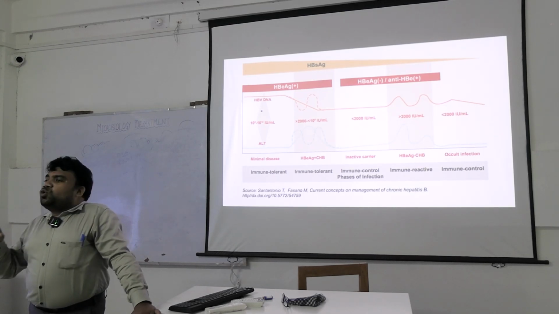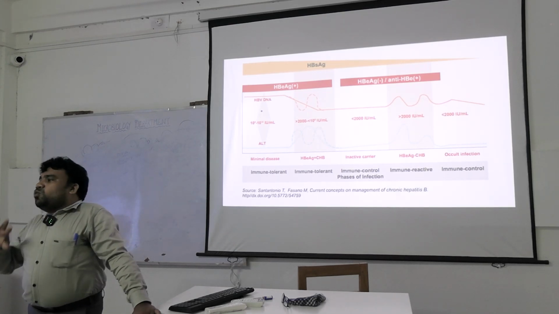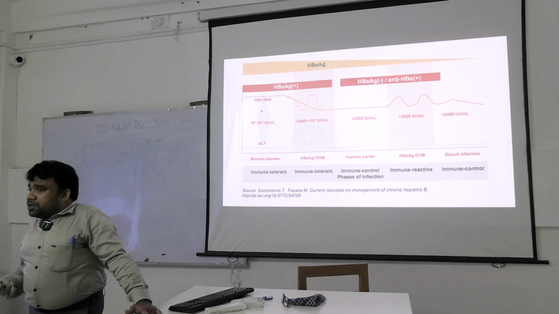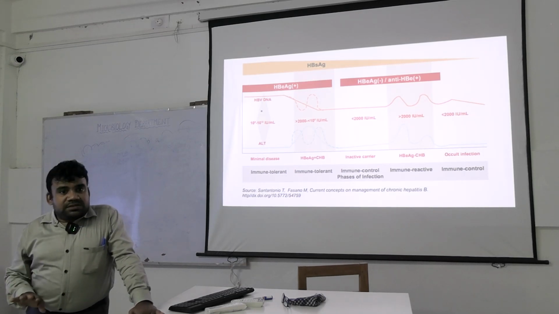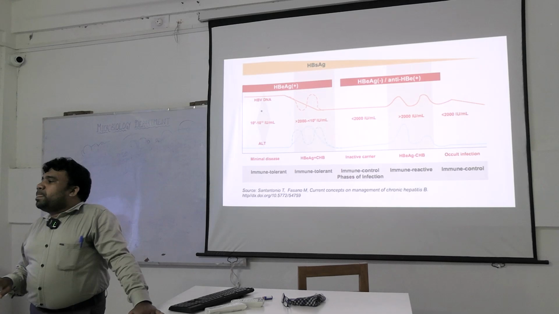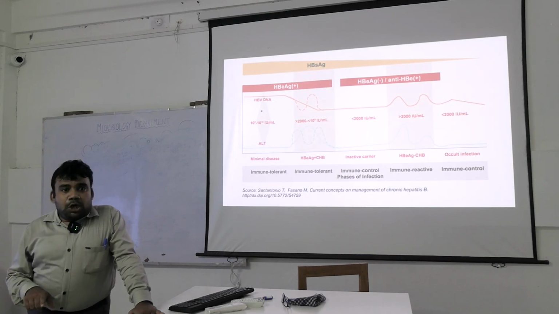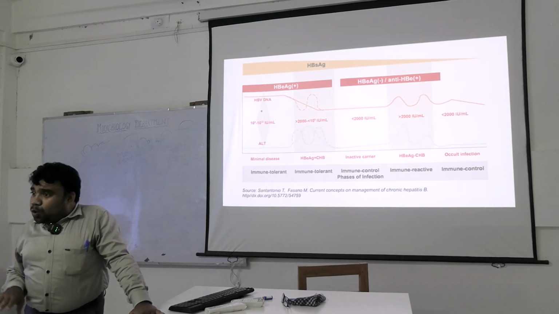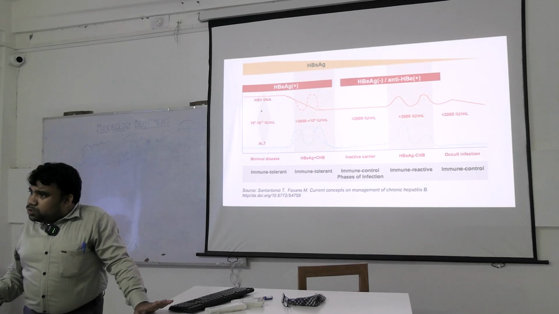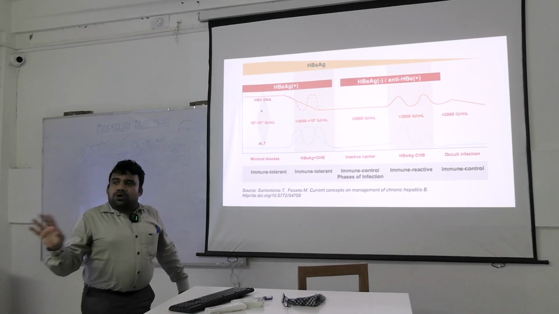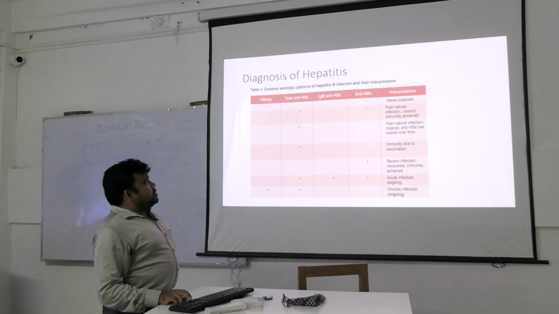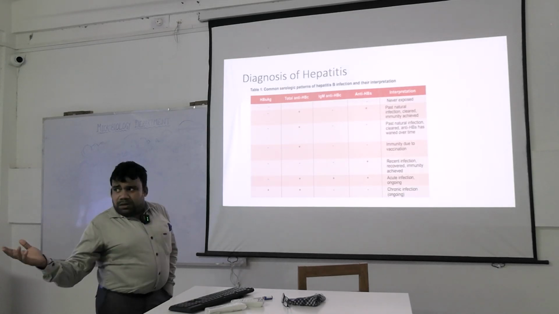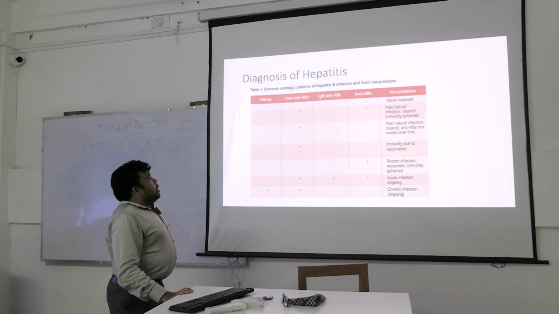But if we can control the viral load in that patient with effective medical therapy, the probability of transmission will also decrease. That means when a patient is under therapy, we need to monitor the viral load. Have you understood? I am not going into the details. It is something that you will learn later on.